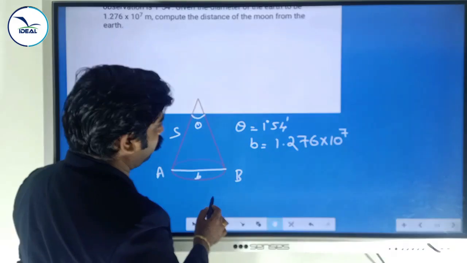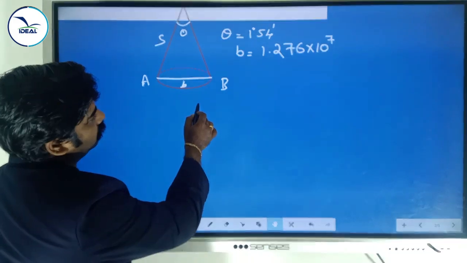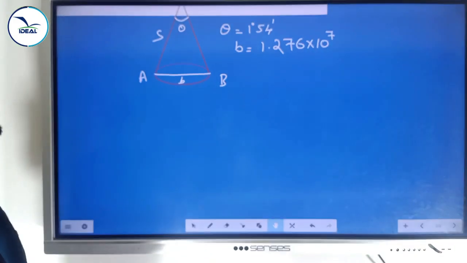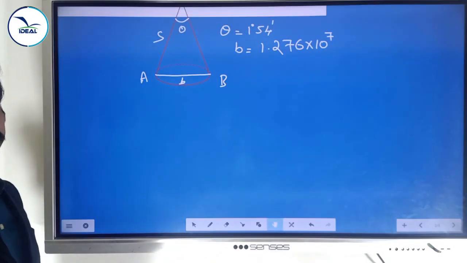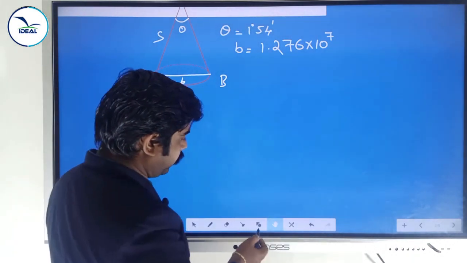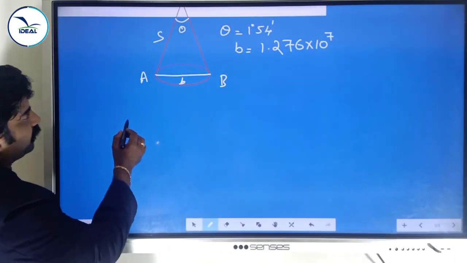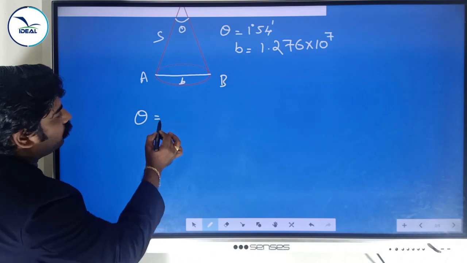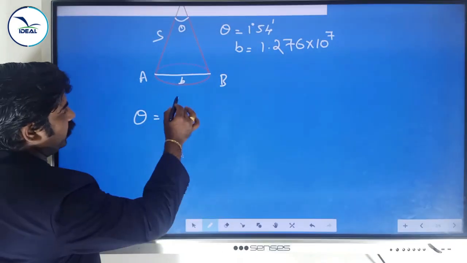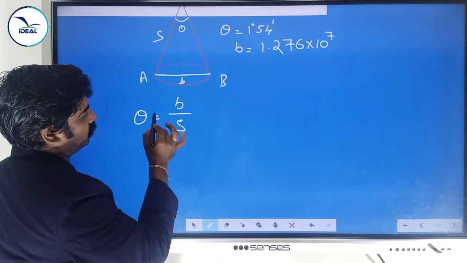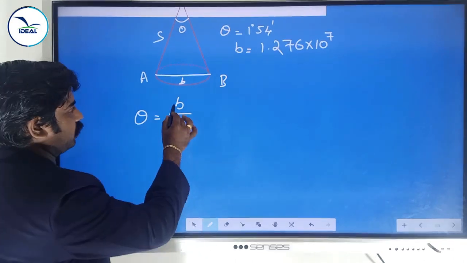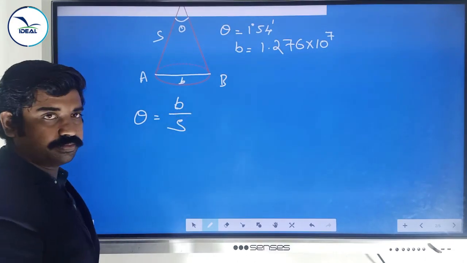So we want to find out the value of S. We know the arc radius relation: theta equals B by S.